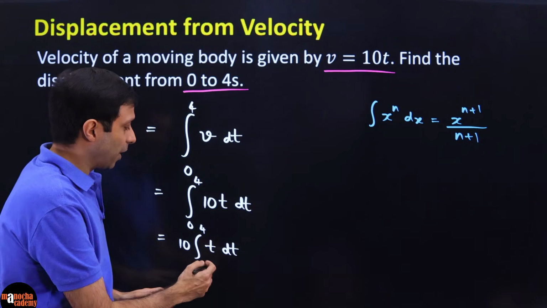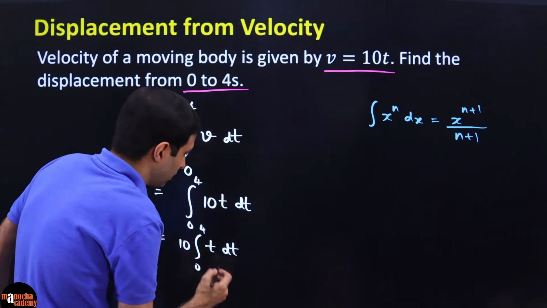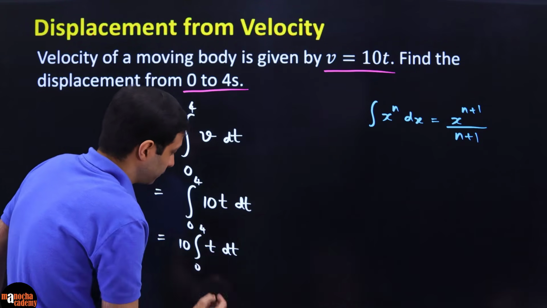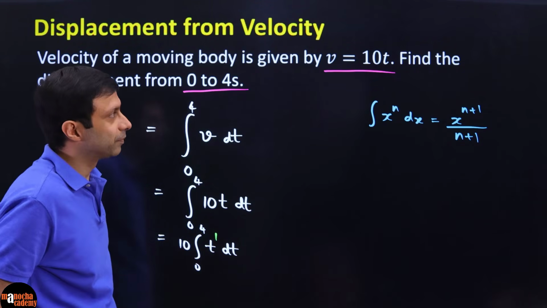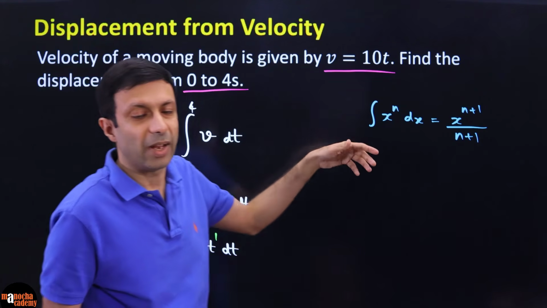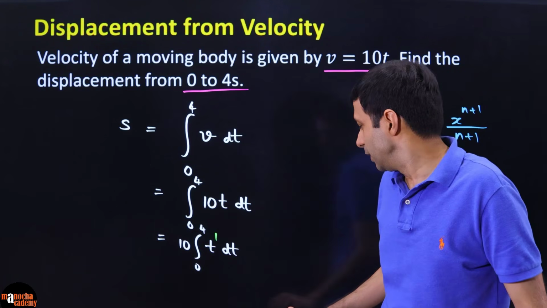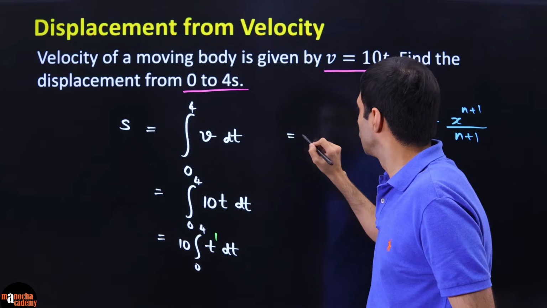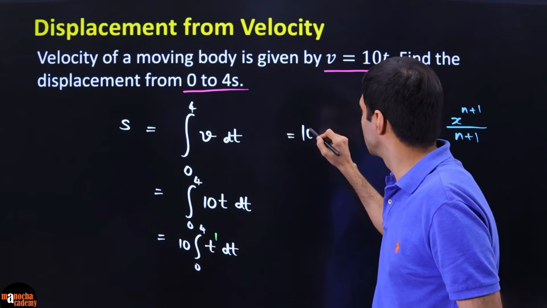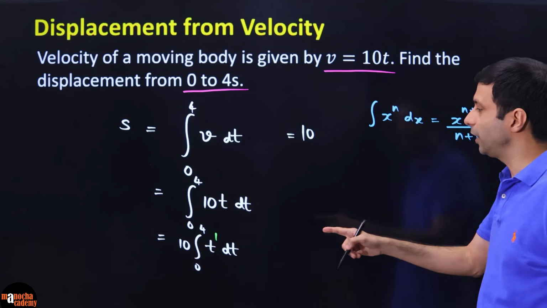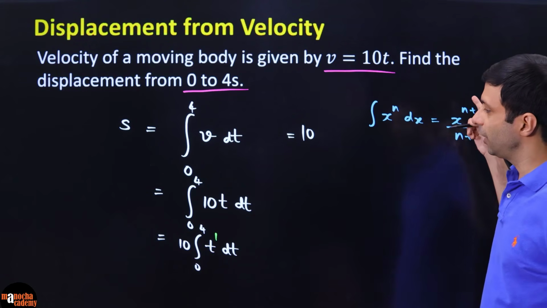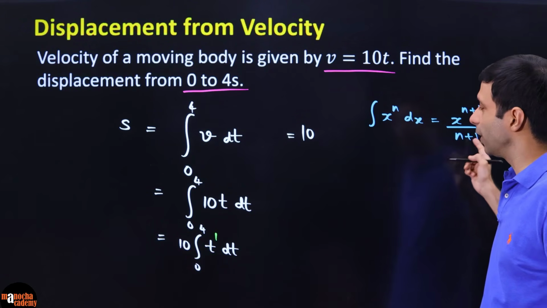So here what is our power over here? You can see this is t. That means this is basically t to the power 1. So we just need to substitute n equal to 1 over here. So basically what happens? This will give us 10 times, and integration of t dt will be t to the power 1 plus 1, t square divided by 2.